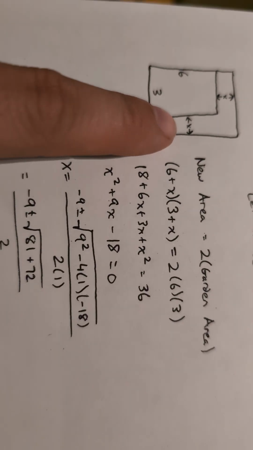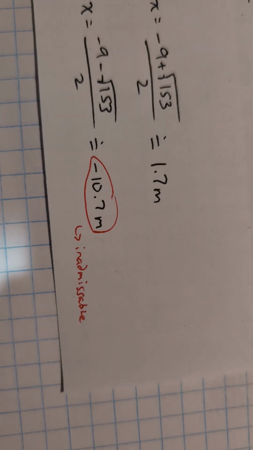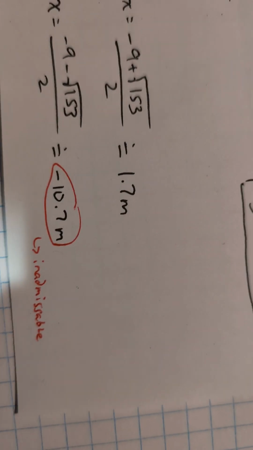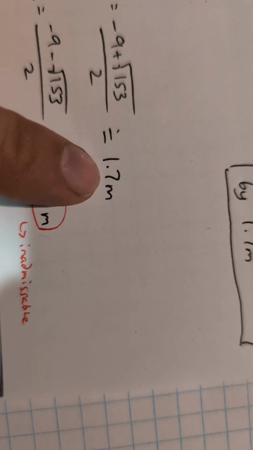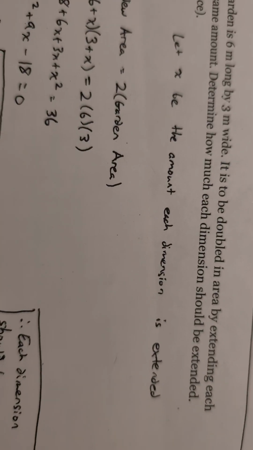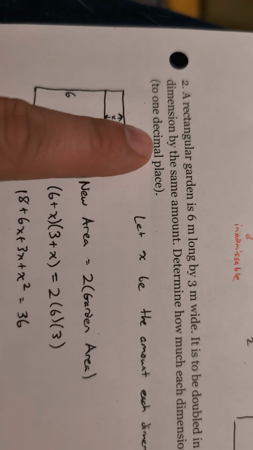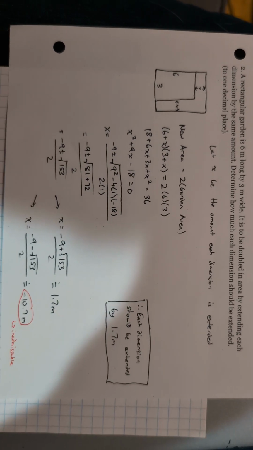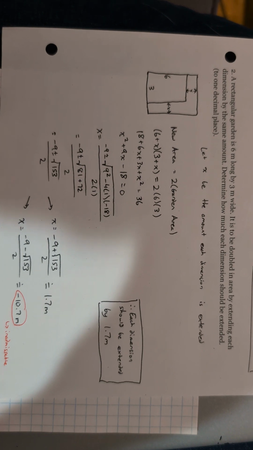I can't have a negative width here, so that is inadmissible. It works mathematically, but doesn't make sense for our problem. So only the one answer makes sense. Each dimension should be extended by 1.7 meters, rounded to 1 decimal place. If I pull back out on this one, there's our full solution.